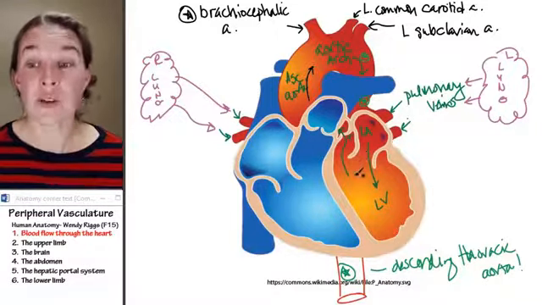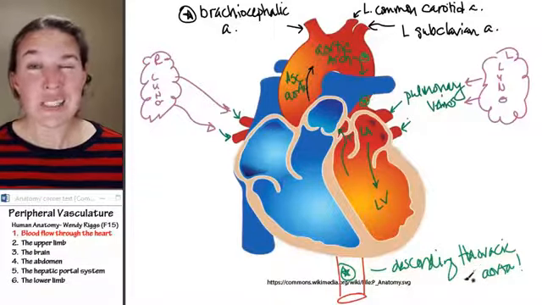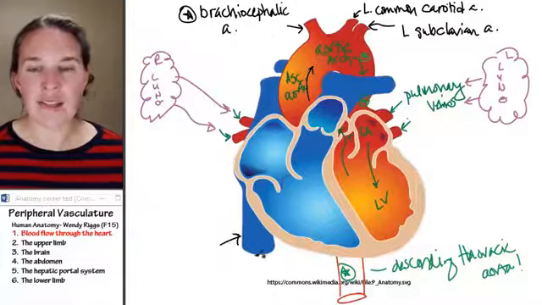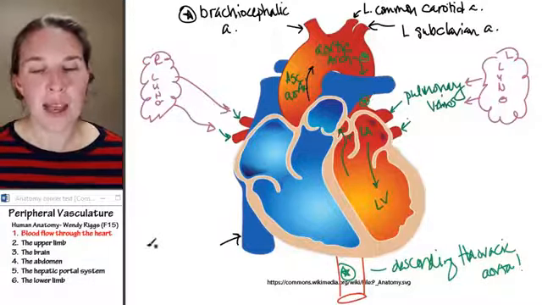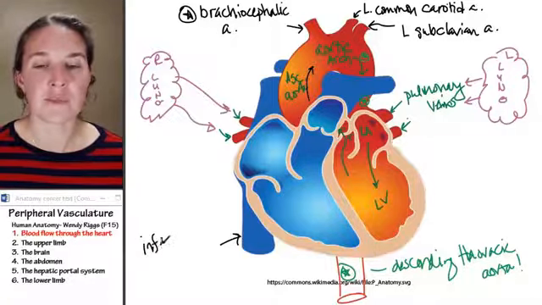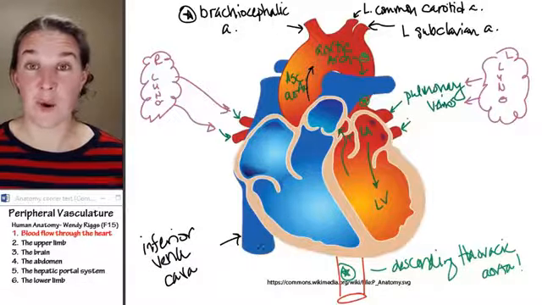We have two routes. If we went down the descending thoracic aorta, most likely we're going to come back, in fact I think 100% of the time, in the inferior vena cava. We've seen this guy before.